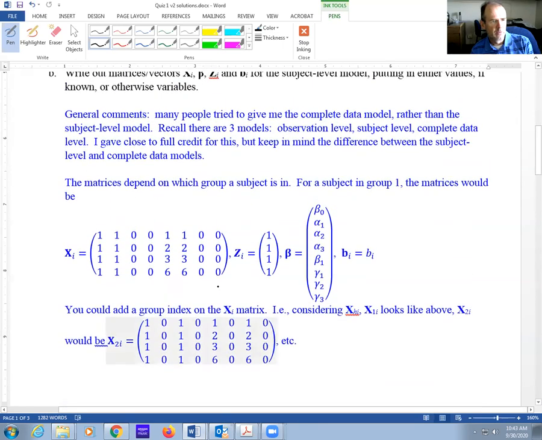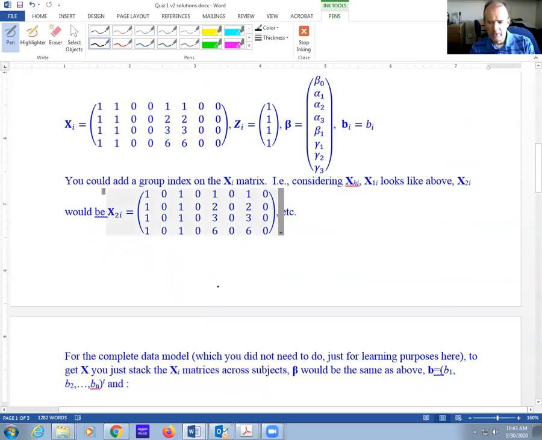the subject level model. And in terms of writing the mixed model, the subject level model would just look like this.